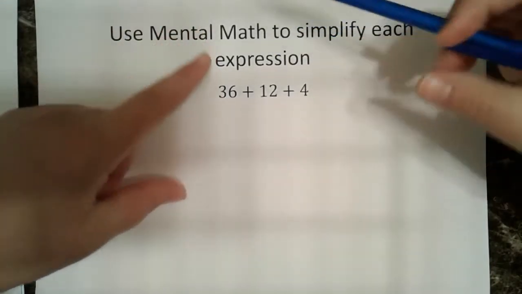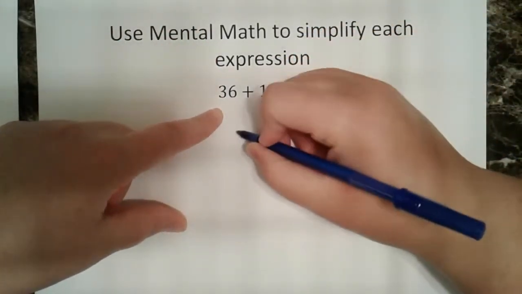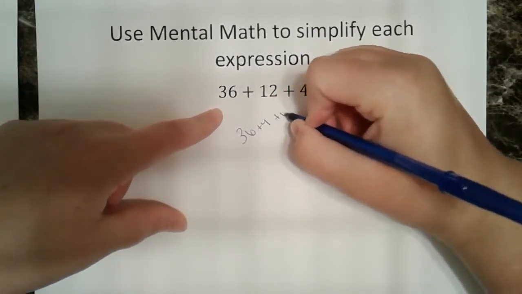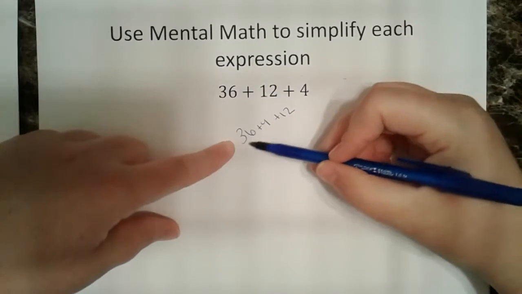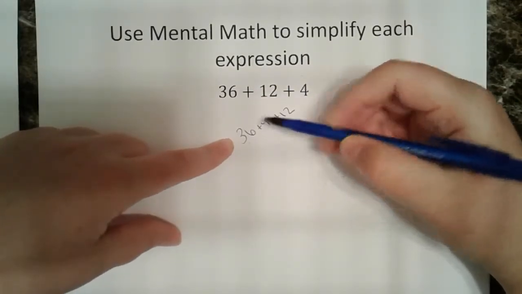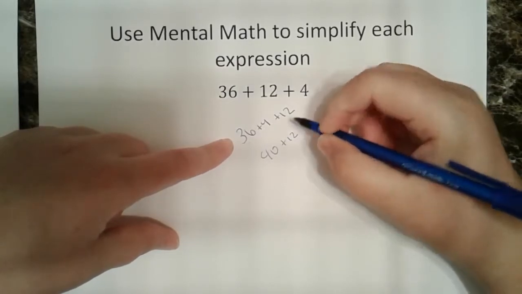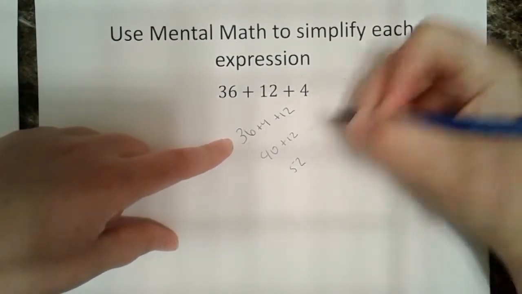Good. If you're saying, hey, if I take 36 plus 4 first and then add 12, what's 36 plus 4? That's 40. Plus 12 is 52.